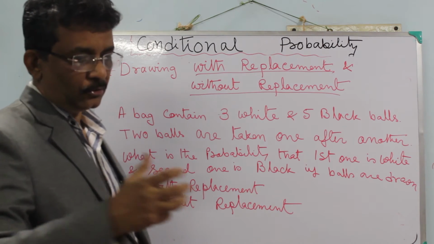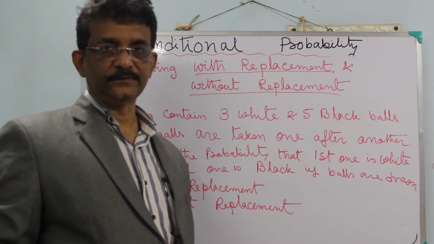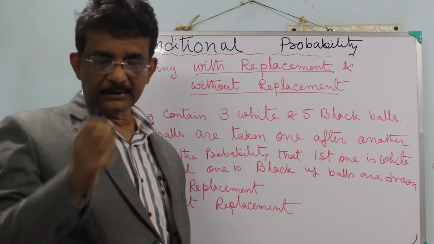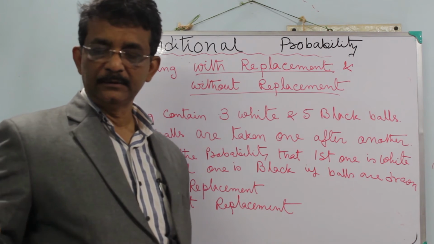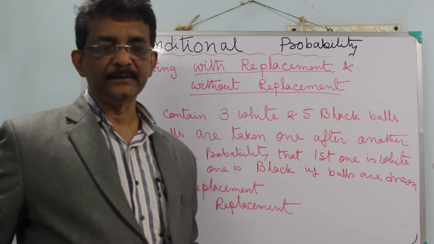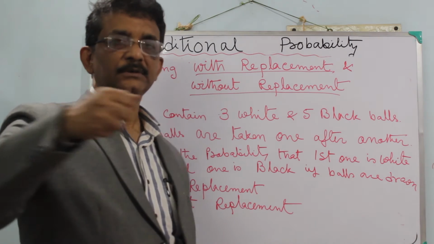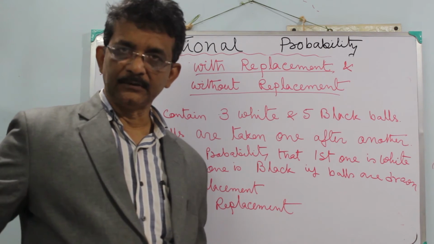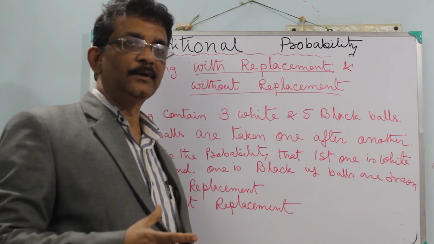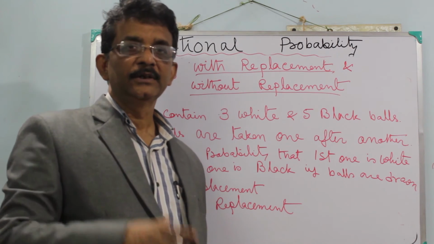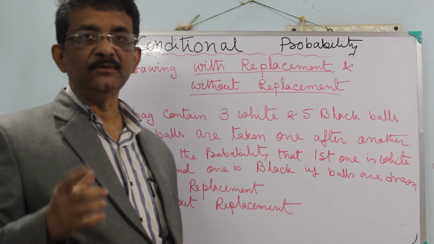And in case of successive drawing, if the balls are not replaced, suppose I draw the first ball and keep it outside the bag, then I draw the second ball and keep it outside the bag, and then I draw the third ball. In this way, the number of balls contained in the box gradually decreases by 1.